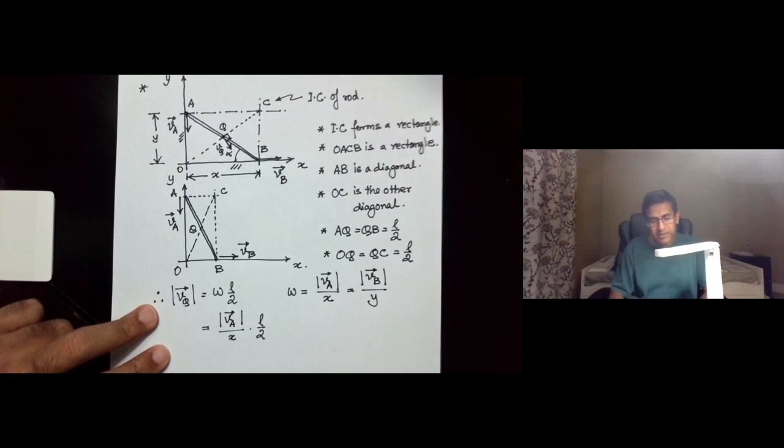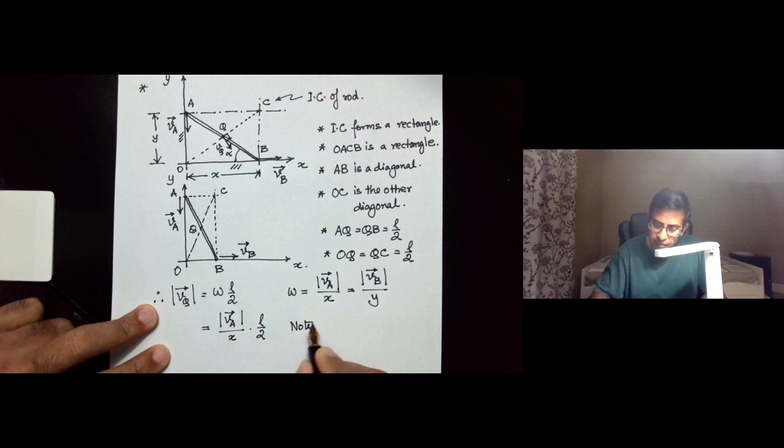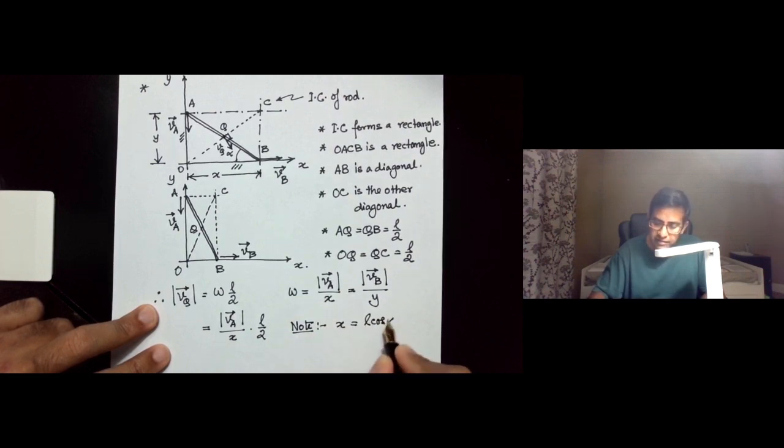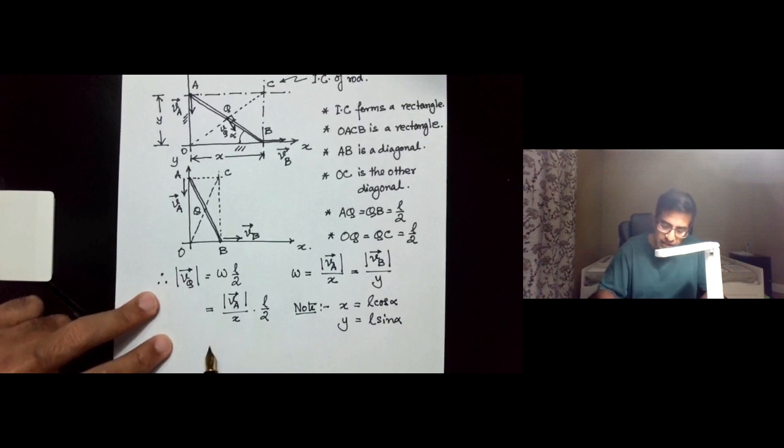And you can go another step further and see that x is nothing but L cosine alpha and y is nothing but L sine alpha, right? So you could then say that the velocity of the point Q is given by VA divided by 2 times L over x, and L over x is equal to 1 over cosine alpha.